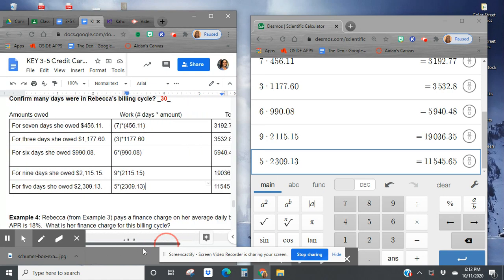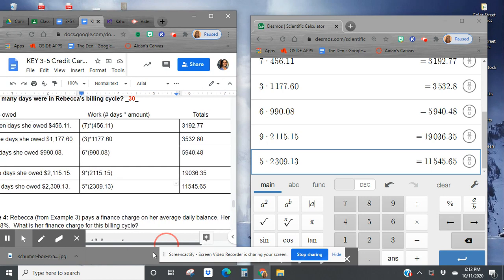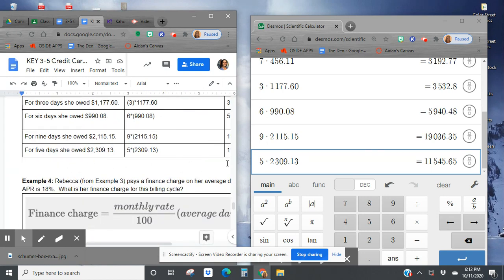So to get her average daily balance, we now need to total that up and divide by the number of days, which we just added up to 30. This is how we take an average. We add it all up and then we divide by the number.